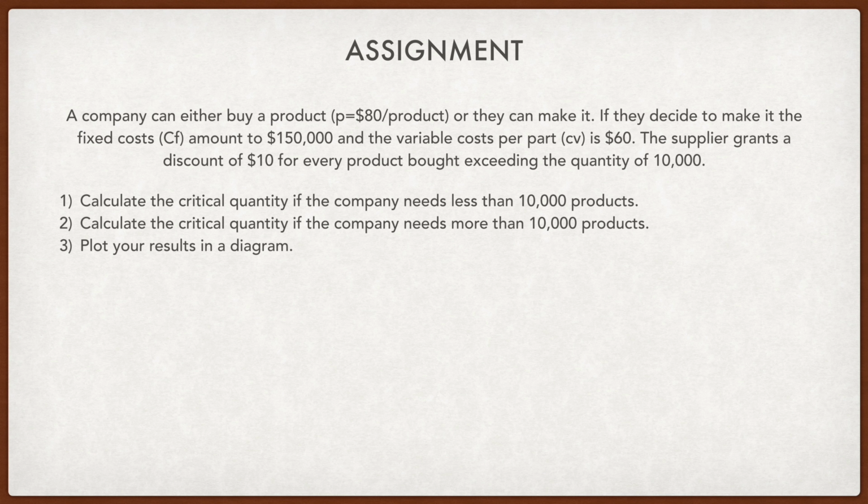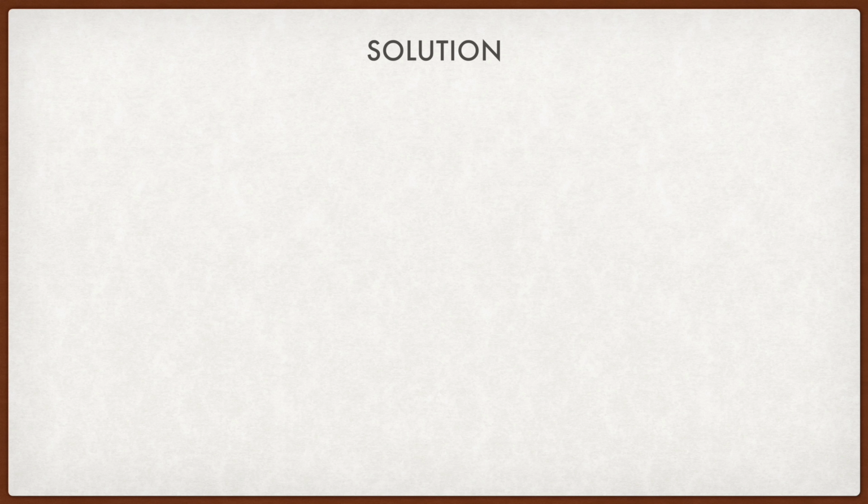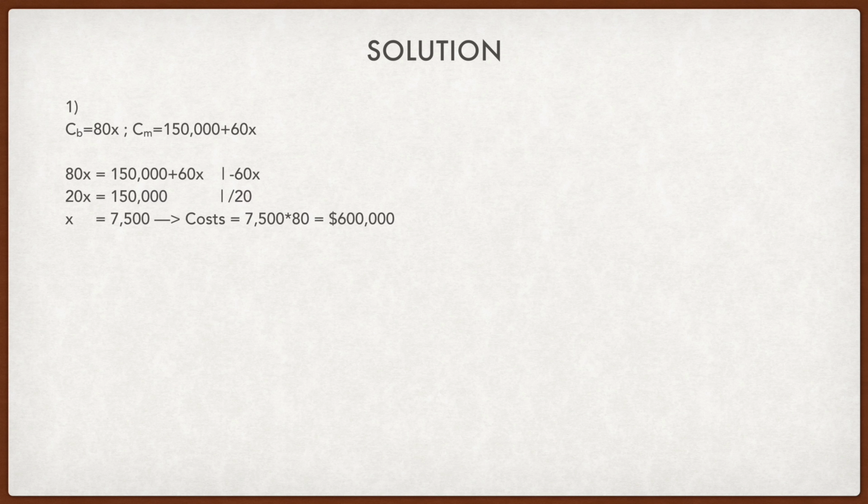This is how you do it. So first, the cost of buying would be 80 times x because 80 is the price per part. And the cost of making would be the fixed cost of 150,000 plus the variable cost of 60 per part times x. And then you set them equal, which would be 80x equals 150,000 plus 60x.